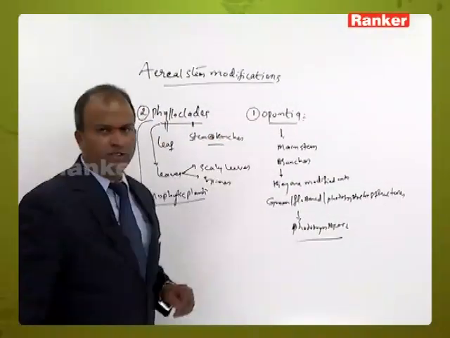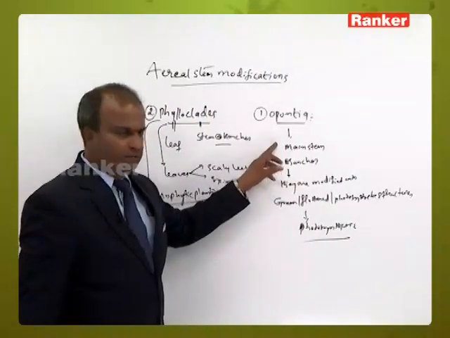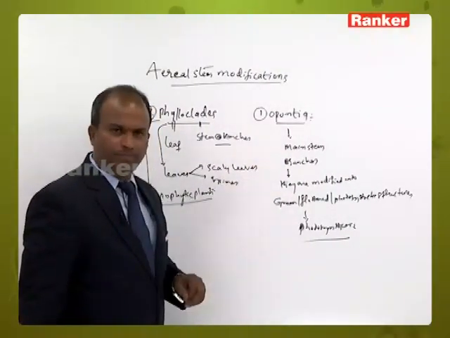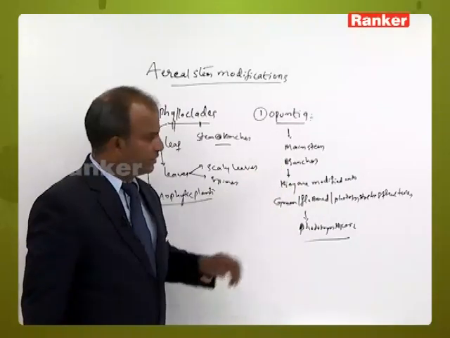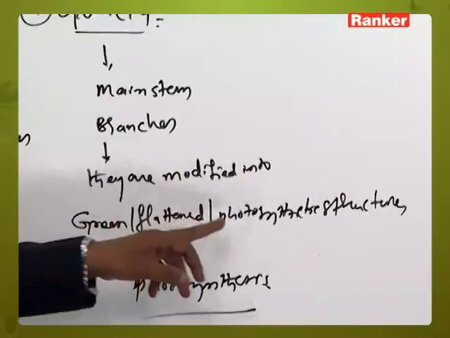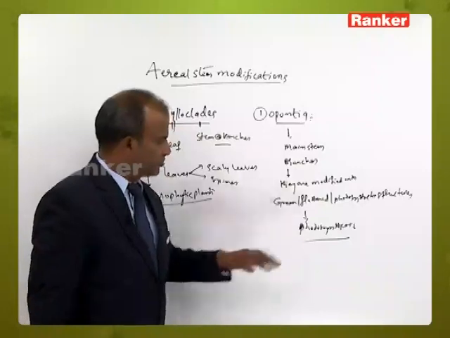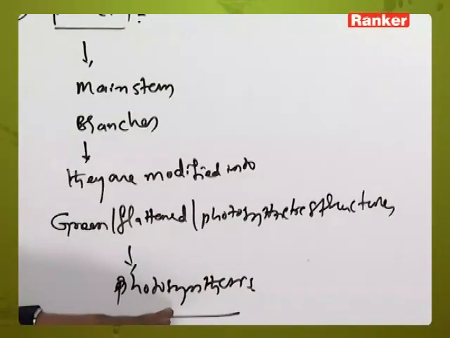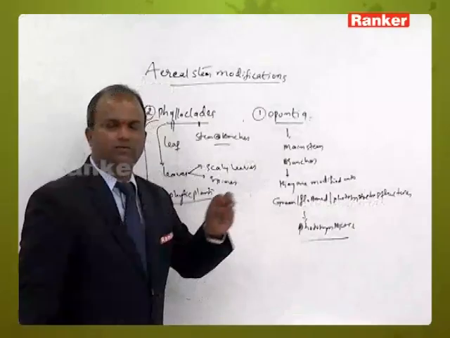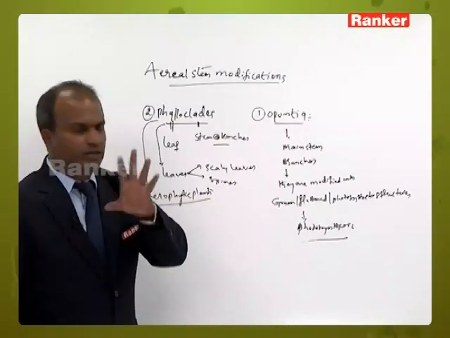That means in Opuntia, the main stem and its branches are modified into green flattened photosynthetic structures, due to which they can prepare their own food material by the process known as photosynthesis.